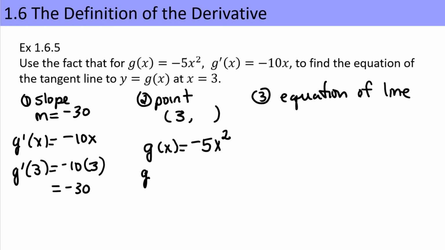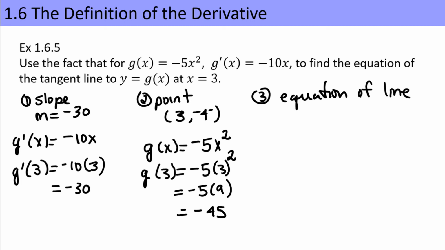To compute the corresponding y value, we evaluate the original function at 3, so you're going to have negative 5 times the quantity 3 squared, which is negative 5 times 9, or negative 45. The ordered pair is 3, negative 45.